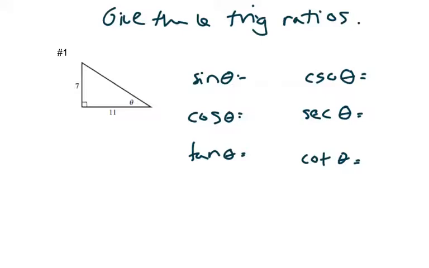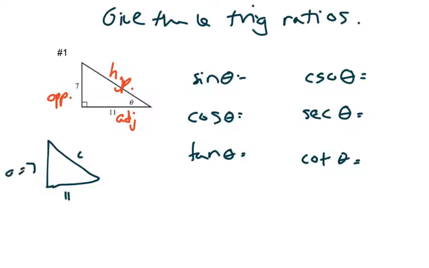Let's see, we start out by labeling them. This one's theta, so this is the opposite. Over here is across from the 90 degrees, so it's the hypotenuse. And then over here is the adjacent. So how do we find the hypotenuse? We have to do a little side note: if this is 7 and this is 11, then this is our C value. We can use the Pythagorean Theorem, a squared plus b squared equals c squared.